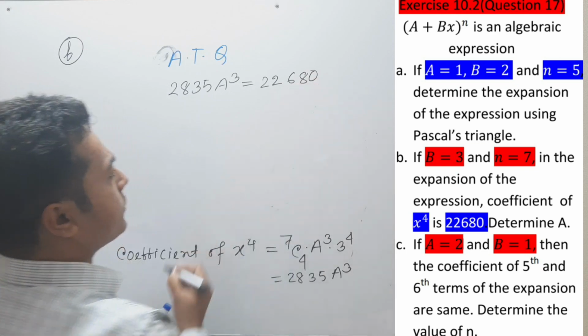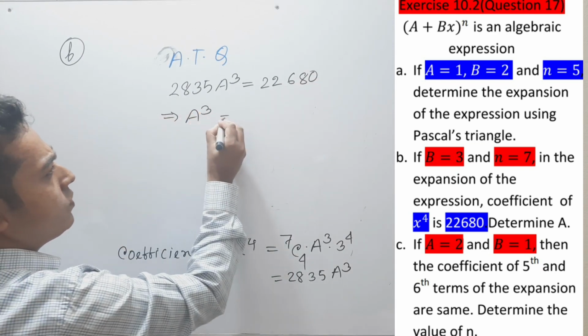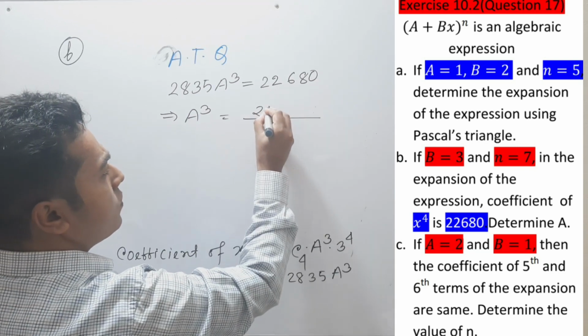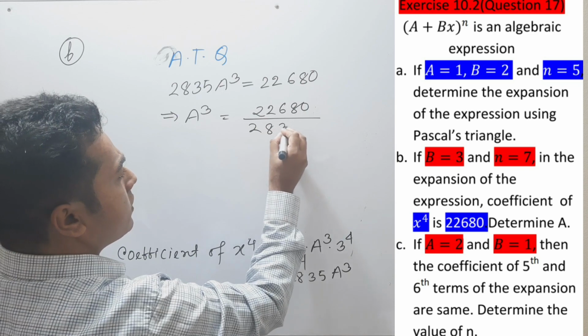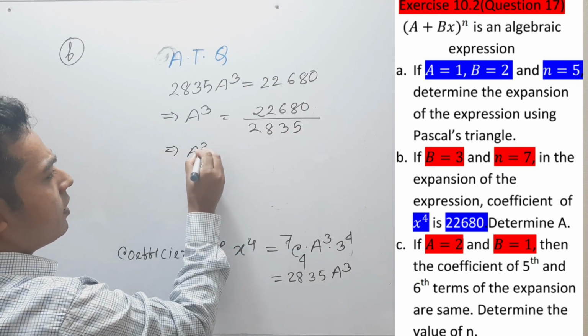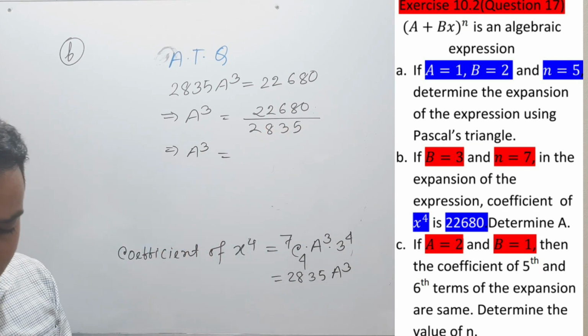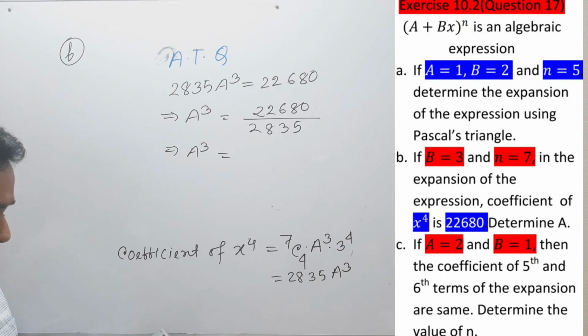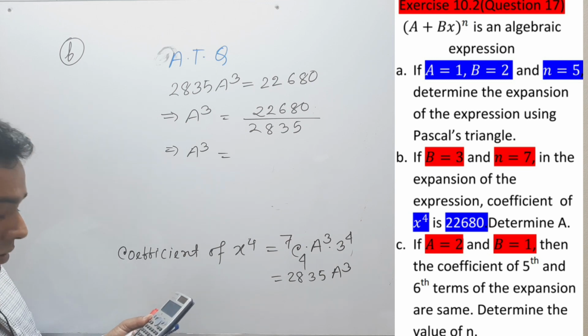Now a cubed is equal to 2680 divided by 2835.